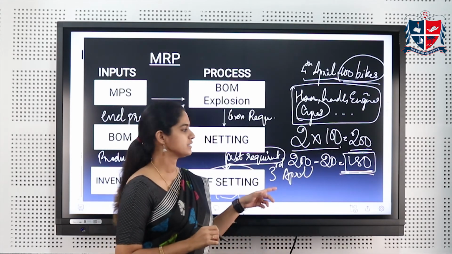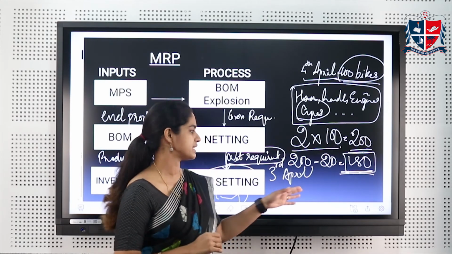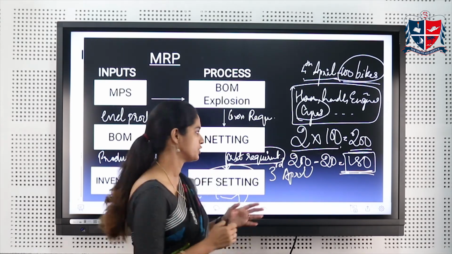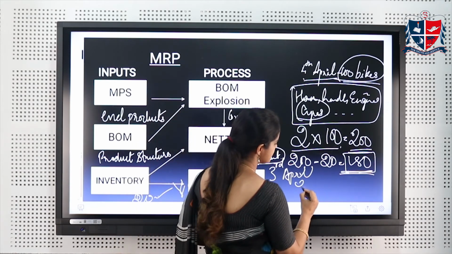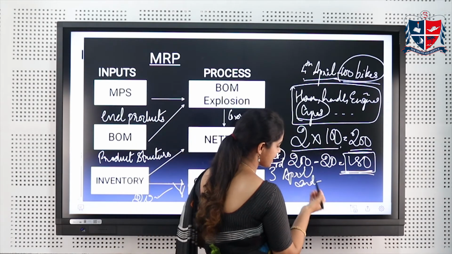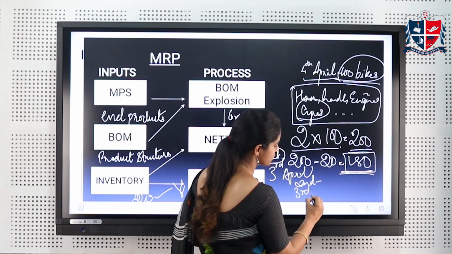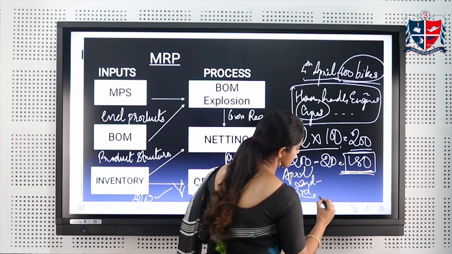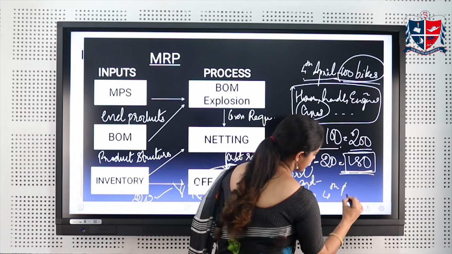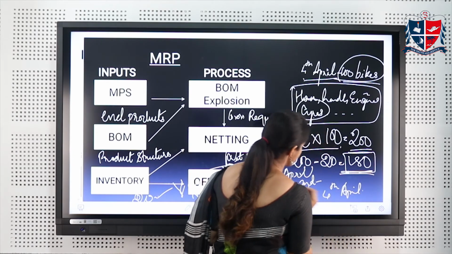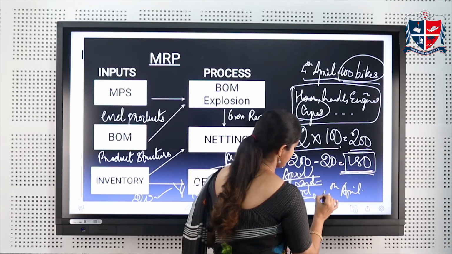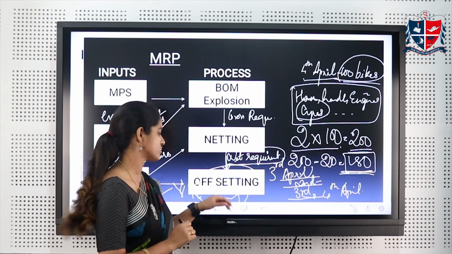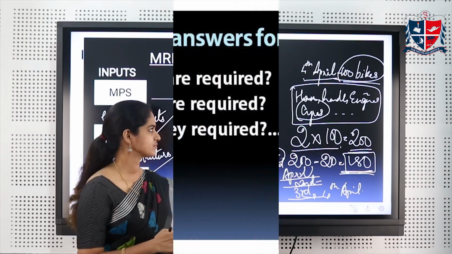Say, for example, the tires will take 1 week to reach your site. If that is the case, when should you order the tires? You have to order your tires in the 2nd week of April, so that you will receive them in the 3rd week, and it will take 1 week to assemble. So your products for delivery will be ready by the 4th week. Planning each stage, when what should happen, is explained by the process called offsetting.